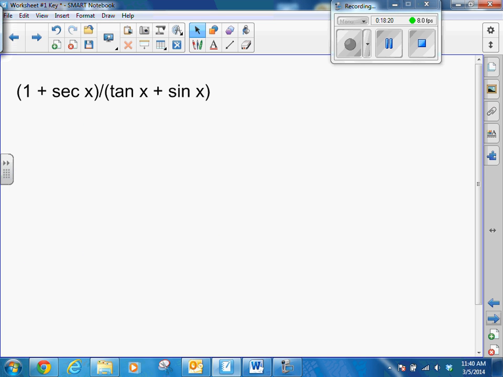1 plus secant of x divided by tangent of x plus sine of x. I can't divide anything out as it is because there's addition and subtraction. The only time I can do that is with division, with multiplication. So, what should I do?